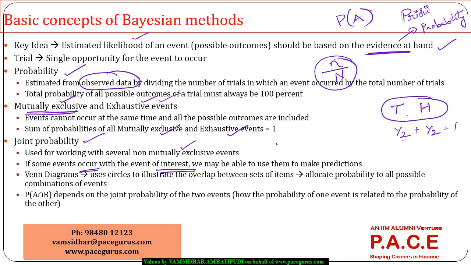So we can use Venn diagrams to create the overlaps, and we can also find out the probability of A intersection B, which we generally write as the probability of A occurring multiplied by the probability of B occurring given that A has already occurred. This is the main basis for joint probability.